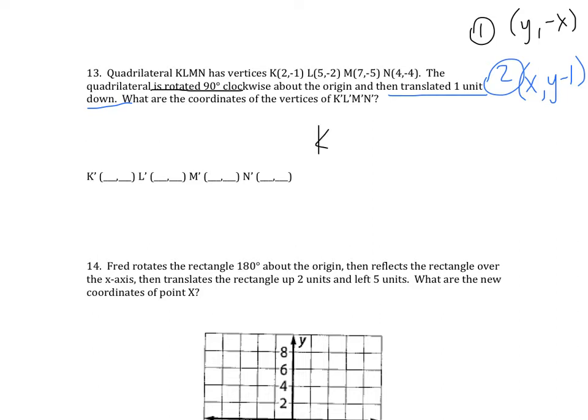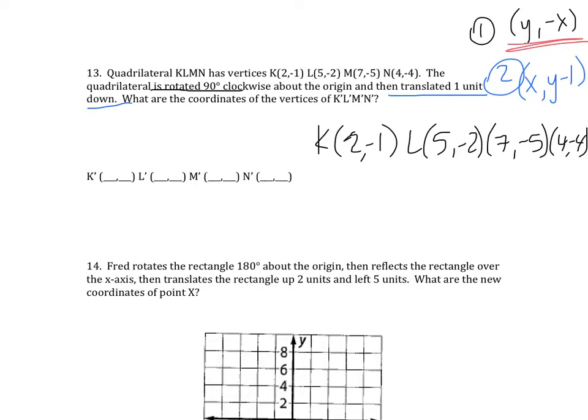So my original points are K. I'm just going to rewrite L, because I just find it useful to be able to actually work with it right underneath. So I'm going to do this first thing, y goes first, but it stays what it is, and then negative x, so this was a positive 2, so it's going to change to be a negative 2.